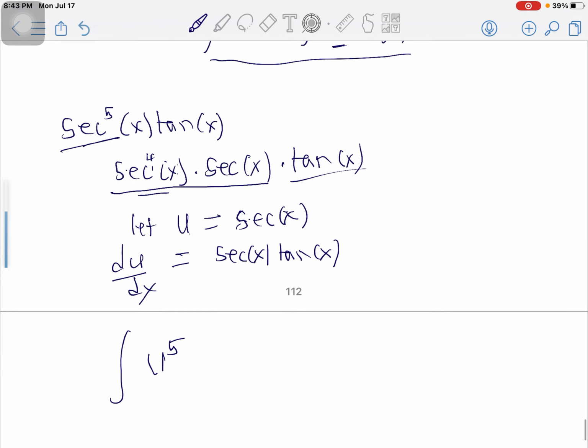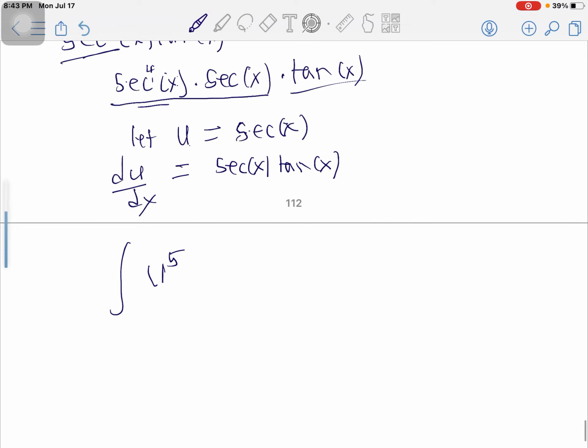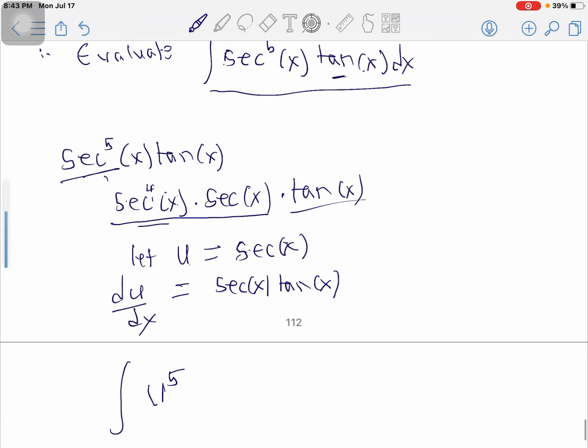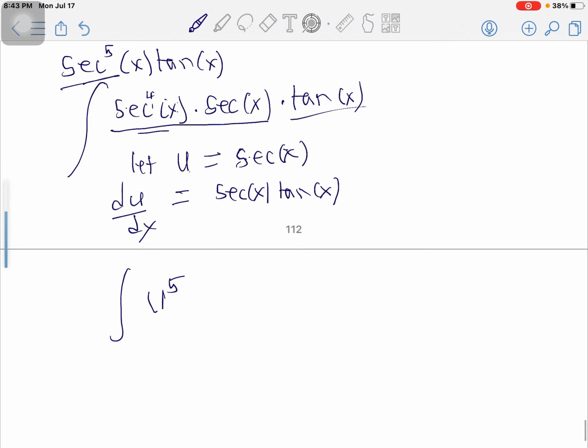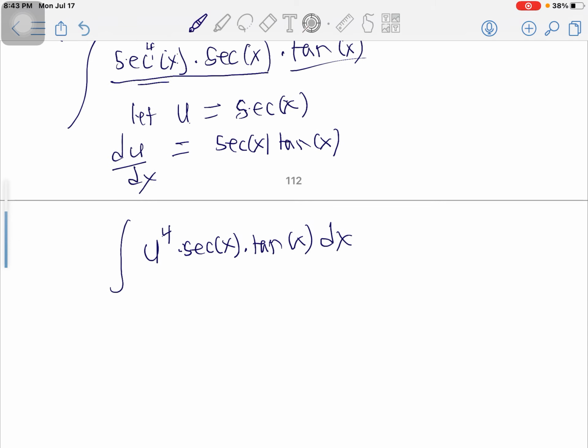The whole question changes to the integral of u to the power 4, because we actually have sec to the power 4 here, and don't forget that we have sec x tan x dx.